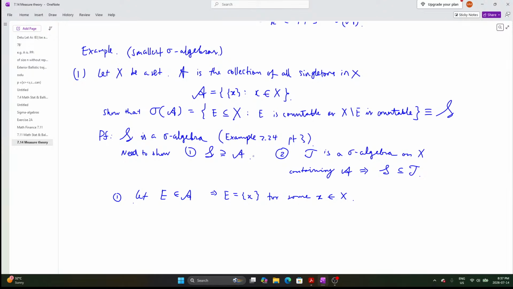And E is a singleton, so, well, E is countable. So E is countable, and therefore E is in scripted S. Okay. So therefore, A is indeed a subset of scripted S. So that's easy.